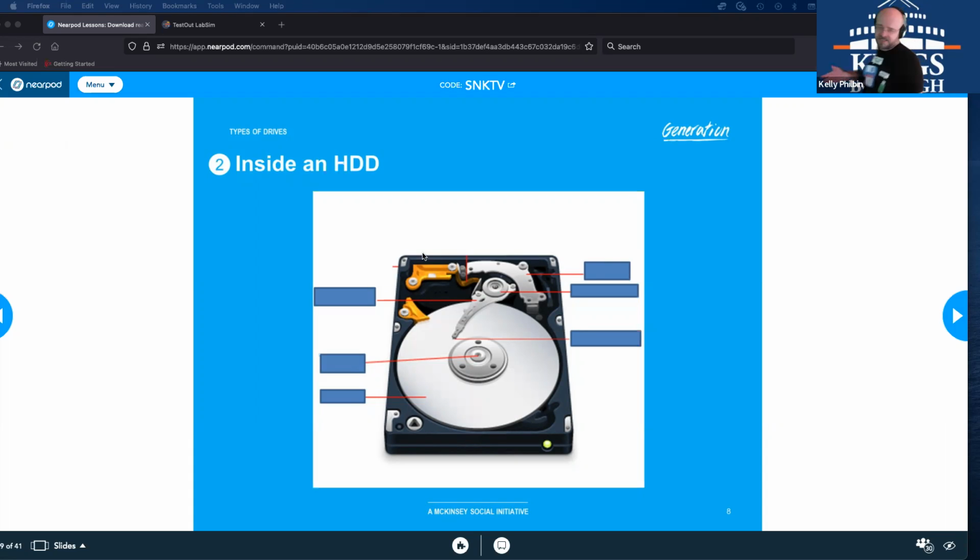That's the only thing not listed on the anatomy that you would be asked about. Say one more time for me, please. Sure. It's this little bundle of wires right here that connects the actuator arm to the outside of the hard drive, which connects to where your data cables go. That is your data ribbon.